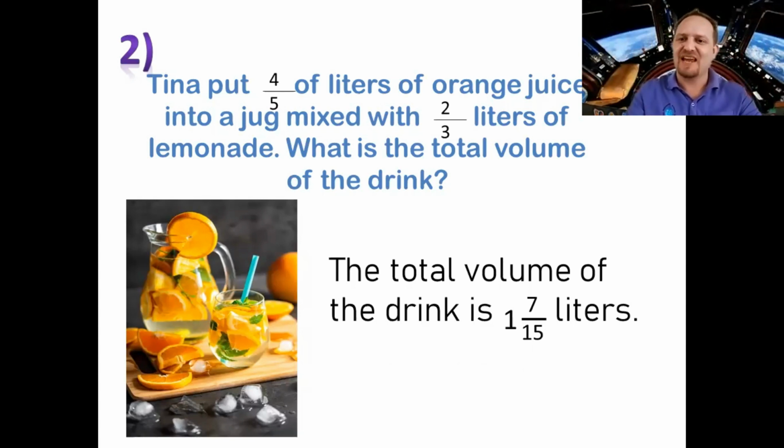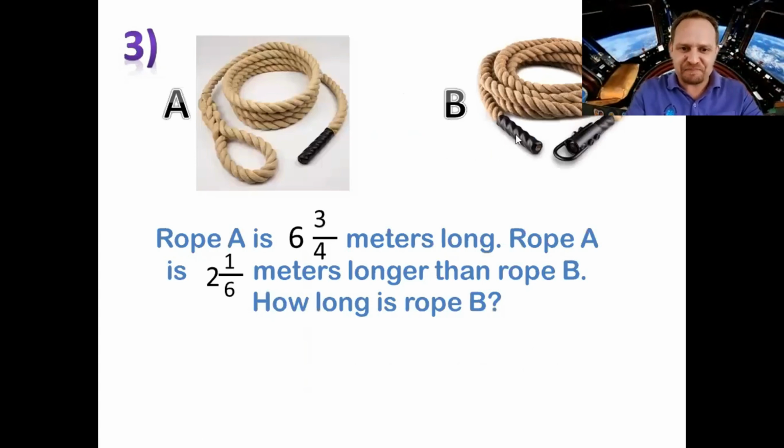Question 3. You had rope A and rope B. It said rope A is 6 3/4 meters long. Rope A is 2 1/6 meters longer than rope B. How long is rope B? The key word was longer. That would mean greater than, right?